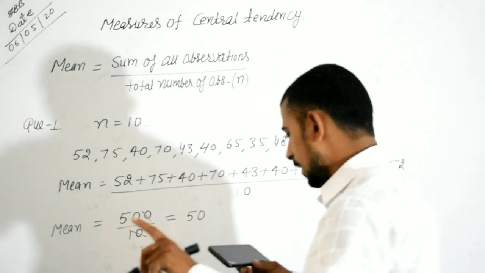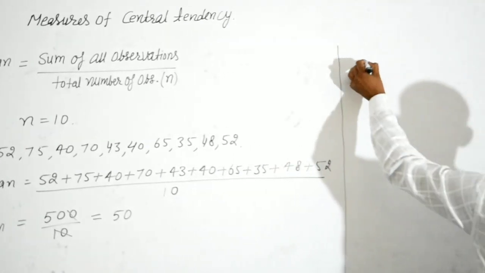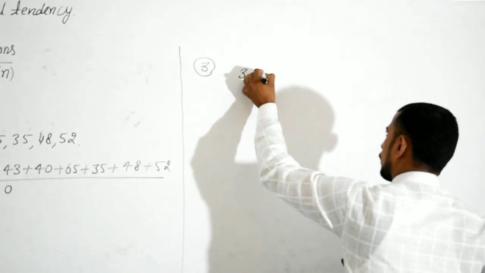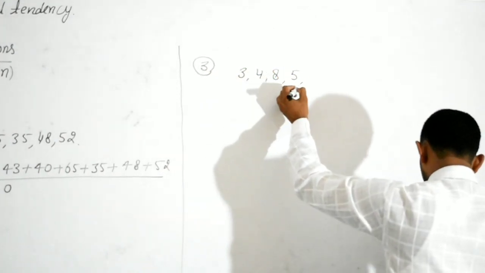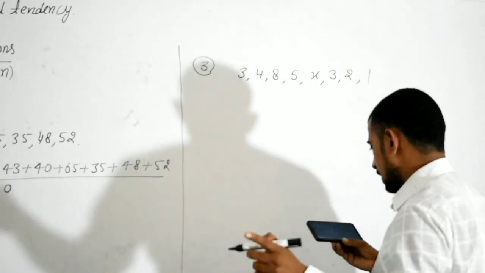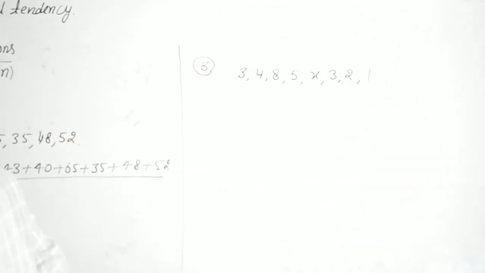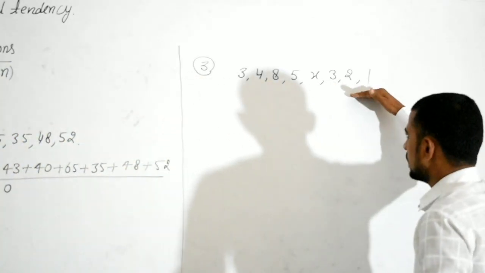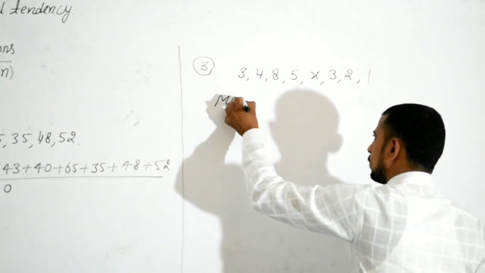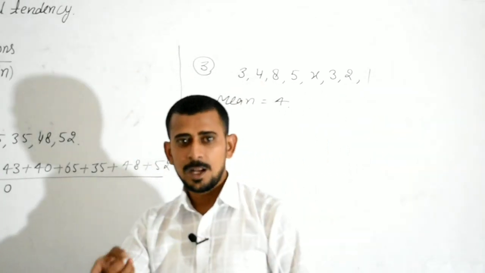If the arithmetic mean of the marks 3, 4, 8, 5, x, 3, 2, 1 is 4, meaning the observations are 3, 4, 8, 5, x, 3, 2 and 1, and the mean is equal to 4, then find the value of x. Find the value of x.